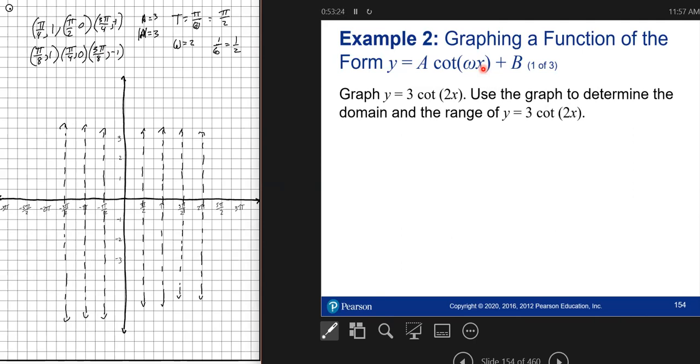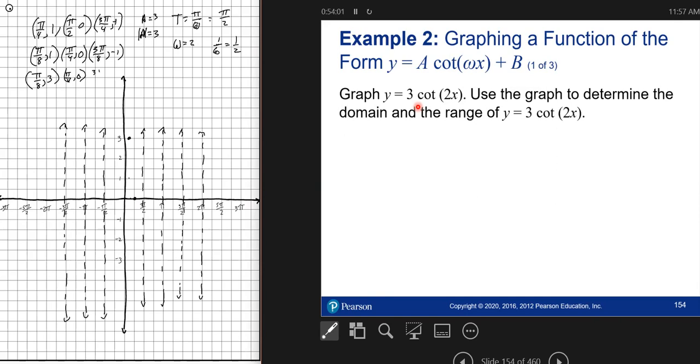And now I'm going to change the y values by multiplying by A. A is 3. So 3 times 1 gives me pi over 8, 3. So instead of going to 1 at pi over 8, I go up to 3. And at pi over 4, I'm going to stay at 0, because 3 times 0 is still 0.